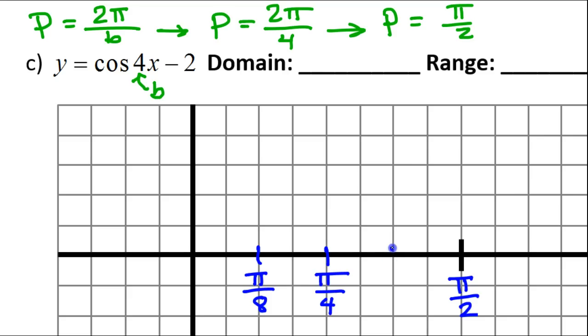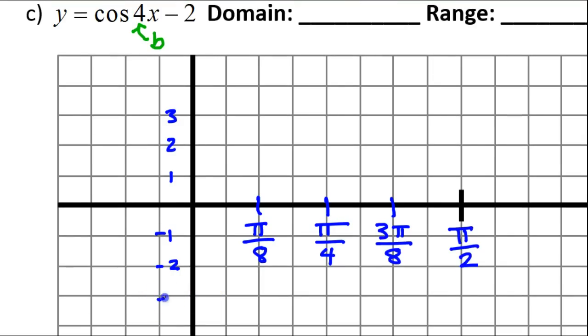And this is 3 of these, so this will be 3 pi over 8. Okay, now I'm going to treat this as 1, 2, 3, and -1, -2, -3.